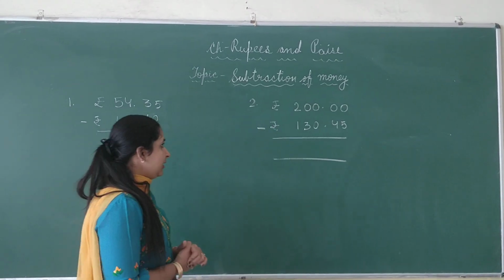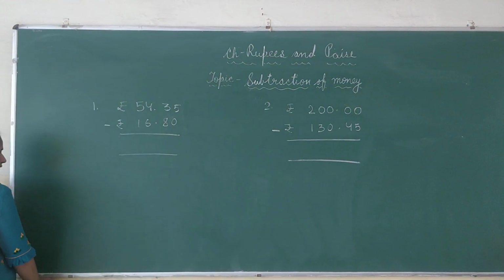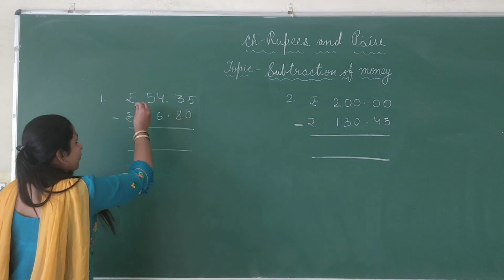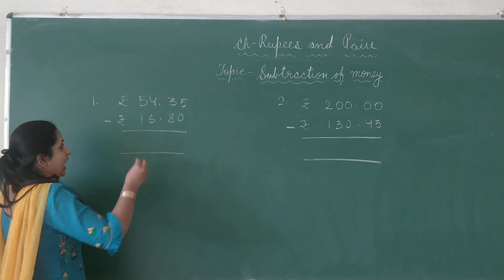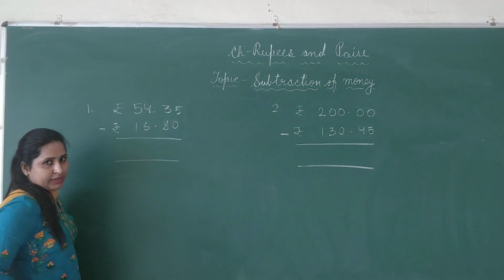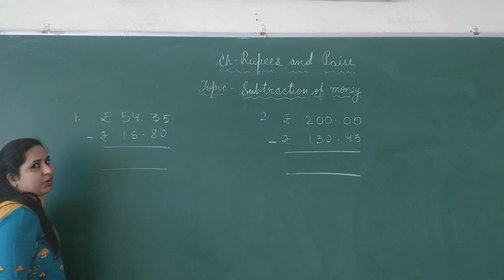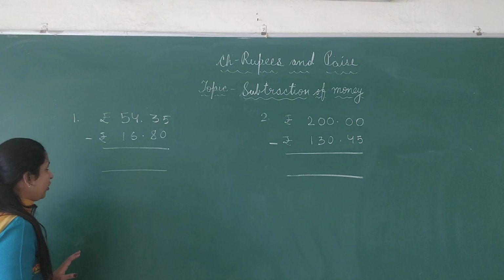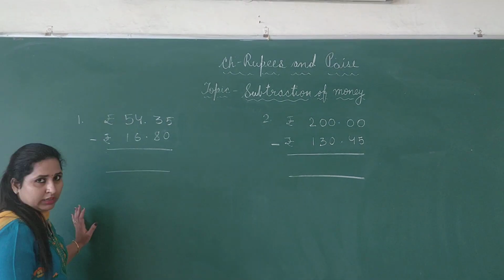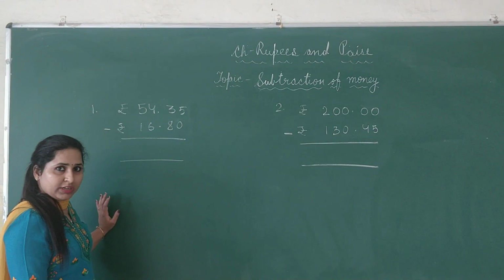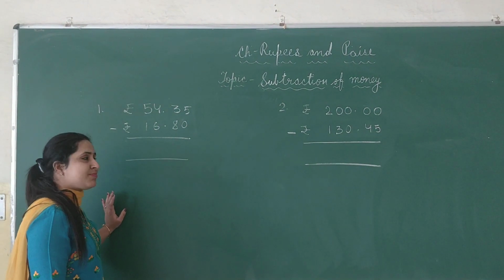So let us start. What is the first question here? Two amounts will be given to you. The first is rupees 54.35 and the second is rupees 16.80. We will subtract rupees 16.80 from 54.35. First of all, let me tell you one important thing: how to know which amount is more. For that we have to see its rupees part.